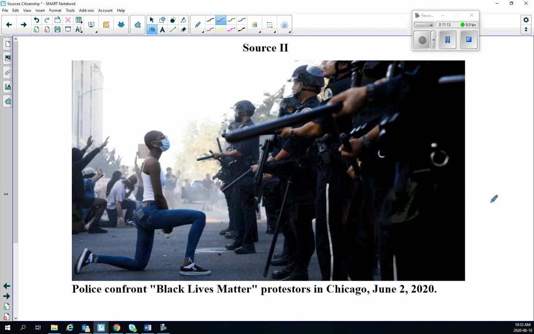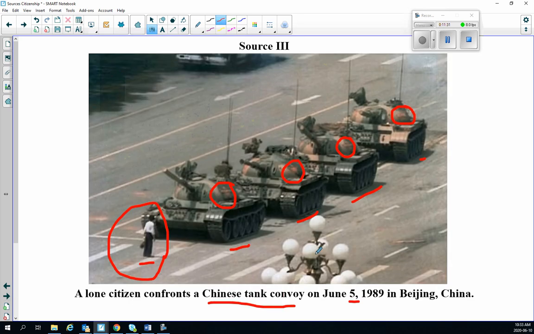Source two is showing you peaceful protest in action. It's showing you the power of peaceful protest, in that sure, the police have the weapons and they have the force and might, but they can't really use it because if they do, they lose sympathy and the protesters gain sympathy. And then finally, in your third source, again, it's showing you nonviolence.